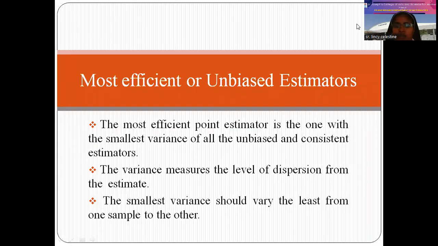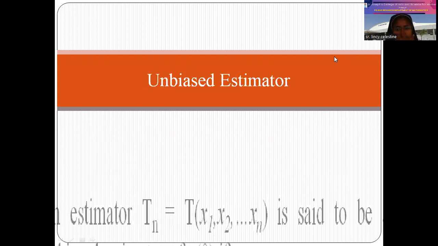We can measure the variance, how the level of dispersion from the estimators. And the smallest variance should vary the least from one sample to another.